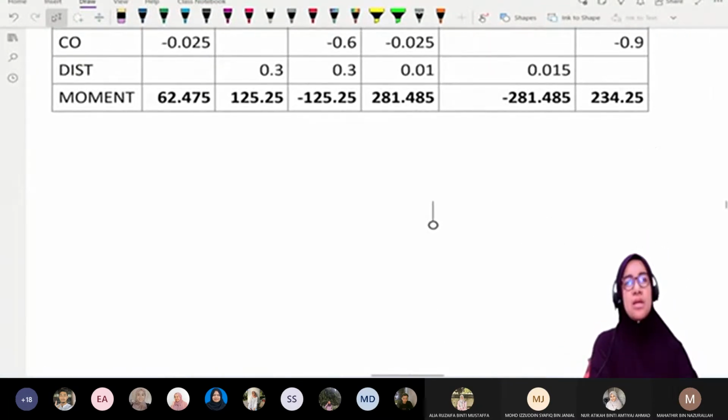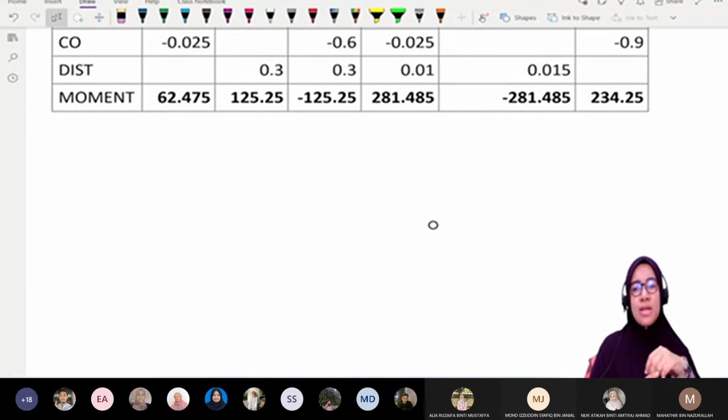Okay. So nak draw bending moment diagram using end moment that we get from table ni, actually dia quite straightforward. Kita akan start dengan tengok dia punya moment direction. Moment direction now akan follow whatever that we get in the table.